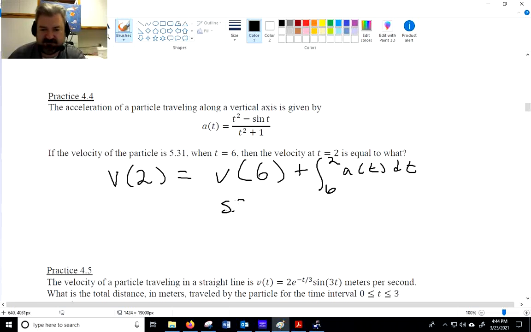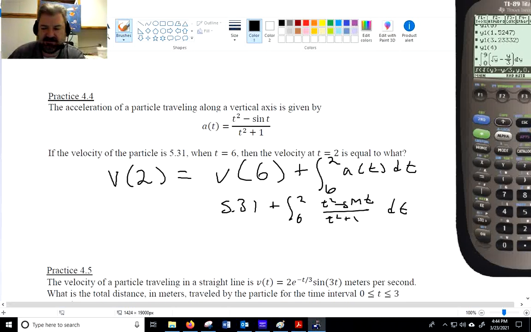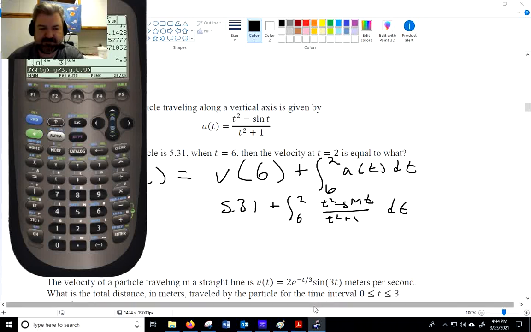So this is 5.31 plus the integral from 6 to 2 of t squared minus sine t over t squared plus 1 dt. So let's type that in and see what that gives us. This might make a nice multiple choice question, maybe on an AP test on the calculator portion, right?